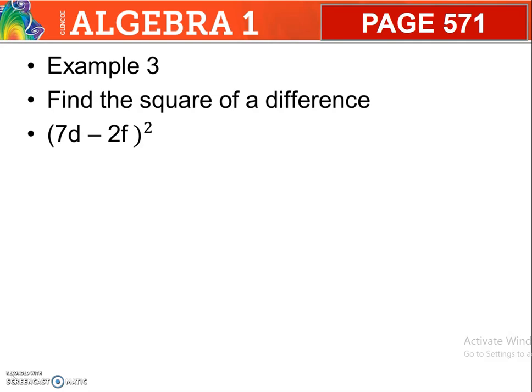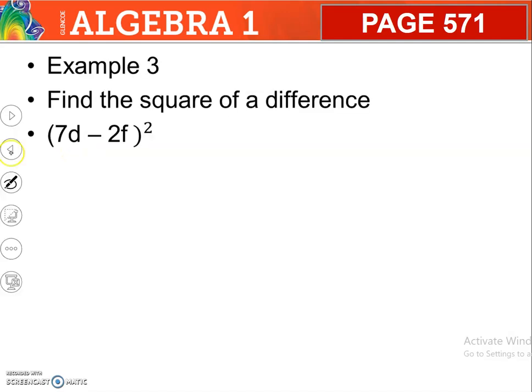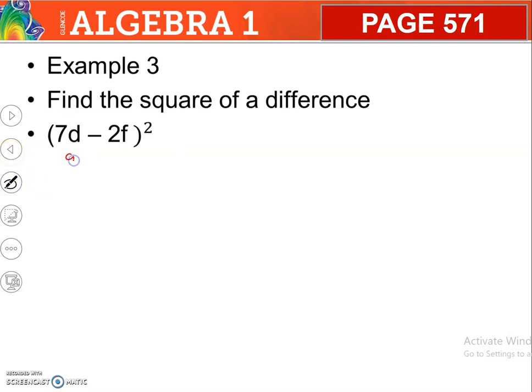Find the square of a difference. So we can represent 7d by a and this by b. And don't forget, when we had a minus b squared, our answer was a squared minus 2ab plus b squared. Good.